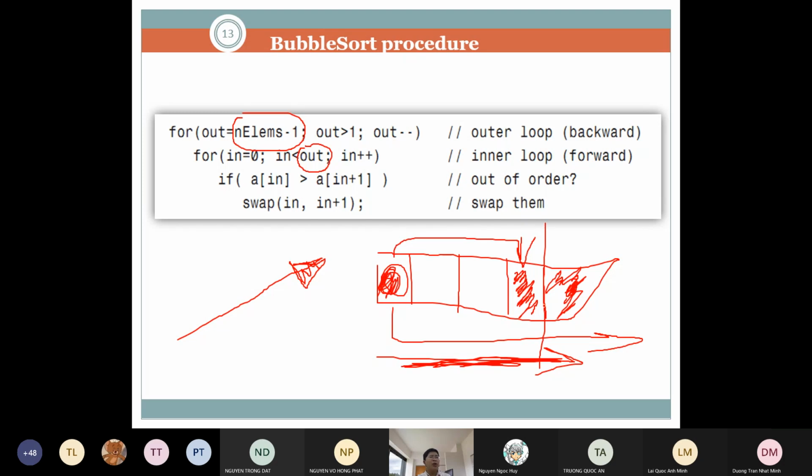Then we do the scanning or the iteration from the right, from n-1 up to A. And if the object in the current position is smaller than the object in the previous position, the object on the right, if it is smaller than the object on the left, then we swap it. So the solution is good.